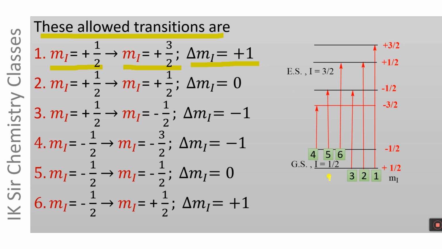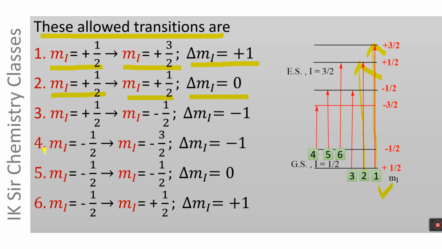This transition has been represented by this one. Similarly, the second allowed transition is m_I equals plus half to m_I equals plus half, involving delta m_I equals 0.